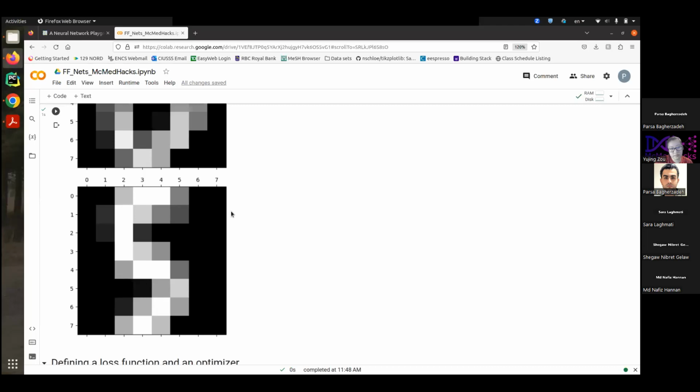Because overall I have 64 entries in this 8x8 matrix. So that's for the input, and I had to declare 64 as my input size. However, the output was 10 because I had 10 classes.